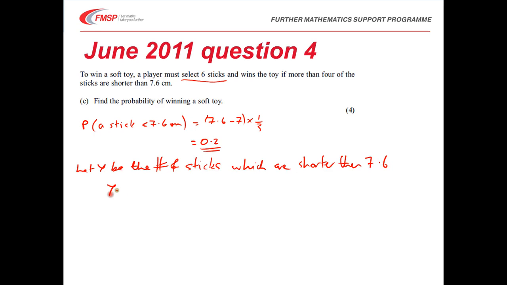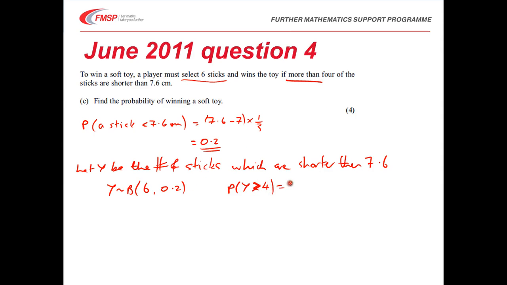So really this is actually a binomial distribution where we've got 6 sticks and the probability that one is shorter than 7.6 centimeters is 0.2. And what I'm really looking for now is the probability that y is greater than 4. Sorry, just greater than, because it's strictly more than.